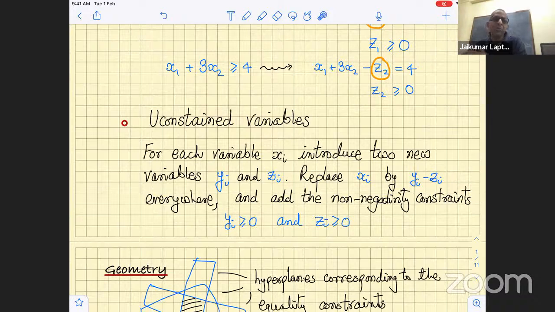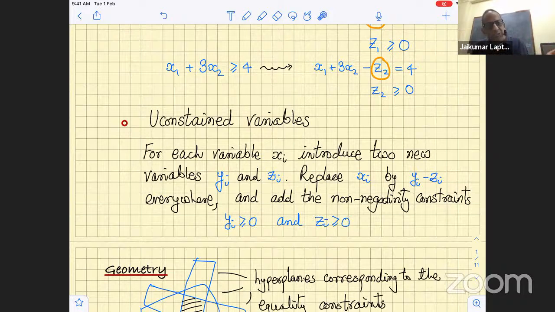Now, I'm not going to do this carefully this time, but we need to show that there is a correspondence between the solutions of the two linear programs. If xi is positive, then you can set yi equal to xi and set zi to 0. On the other hand, if xi was taking a negative value in your optimal solution, you could construct a solution for this new linear program with zi set to the absolute value of xi and yi set to 0.